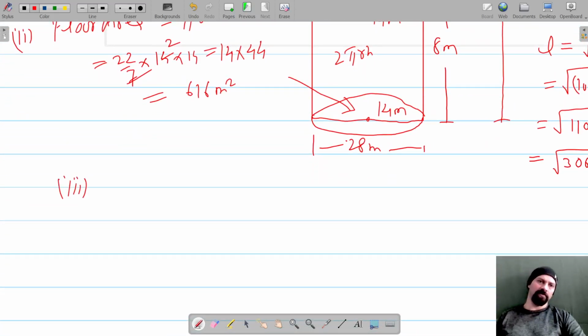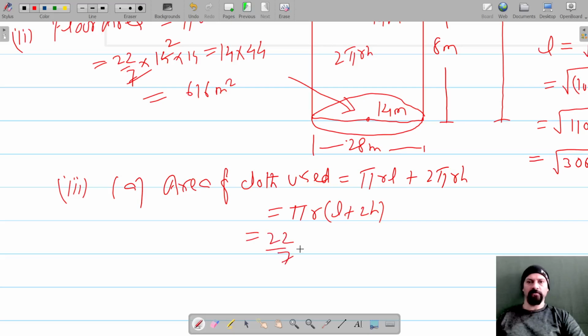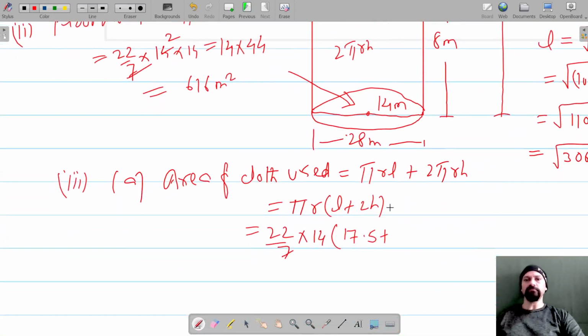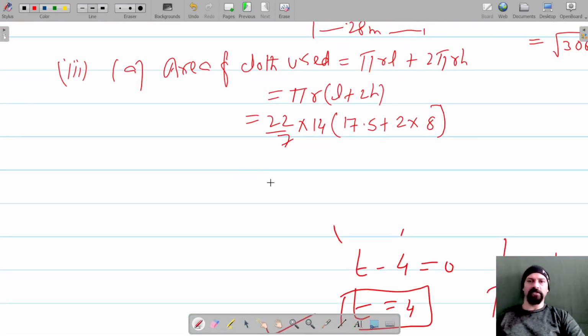So this is third part A, and area of cloth used is equal to pi rl plus 2 pi rh. So common here is pi r, which leaves L plus 2h. So pi is 22 by 7, radius is 14, slant height is 17.5, and 2 into h, height of the cylinder is 8.